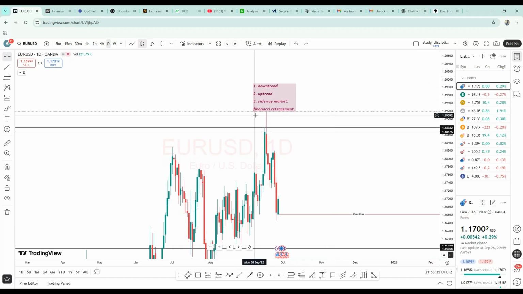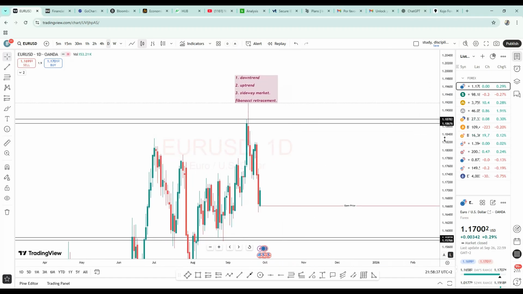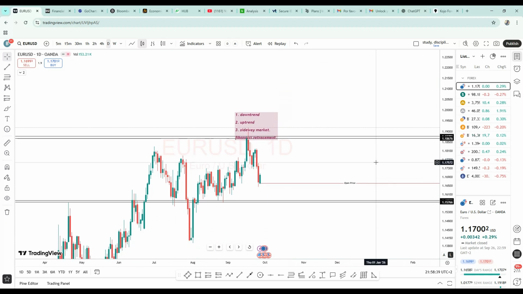Right now, first, let me say what the forex market really is. What do we do in the forex market? Simply, what we do in the forex market is buy and sell currency.